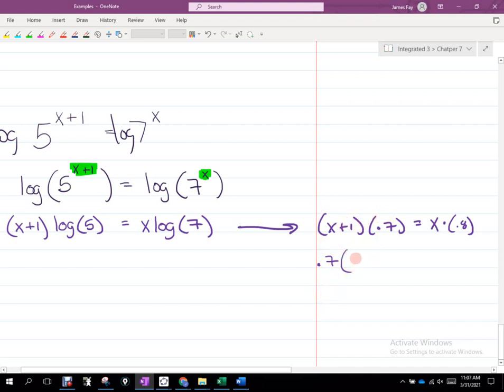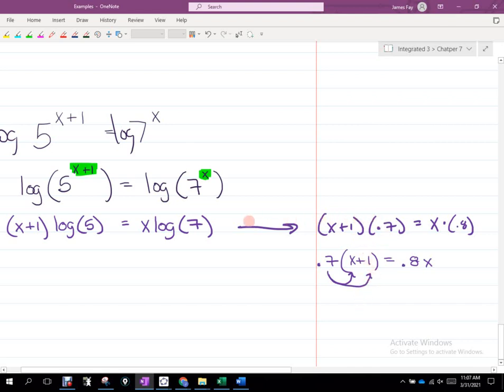So could I write them this way? Yes. 0.7. And then 0.8 and x getting multiplied together, you would usually write that as 0.8x, right? Okay. Can you tell me what you would do if you had this situation? What would you do next? You would distribute? Good.